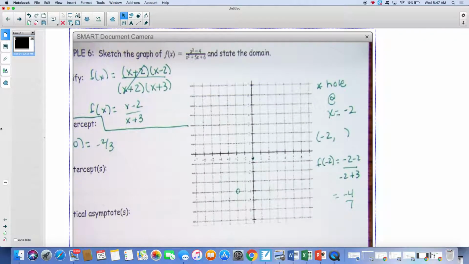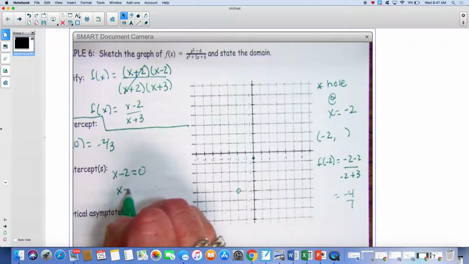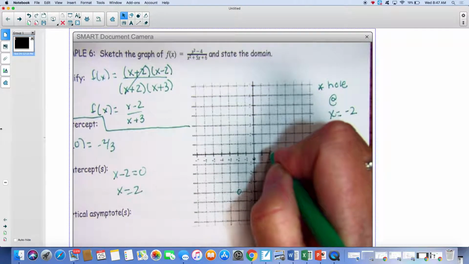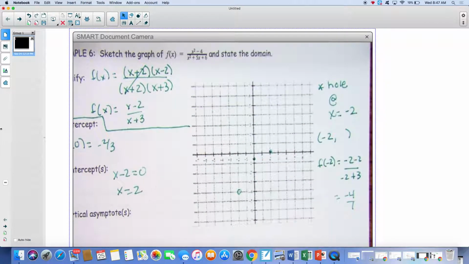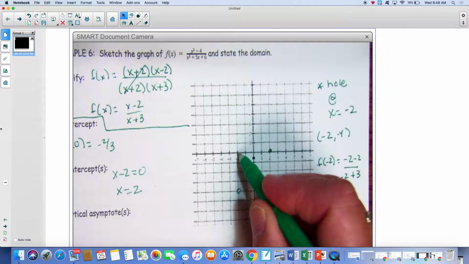X-intercepts are what? Where the numerator equals 0. Why is that a circle before? Because it was negative 2, negative 4.